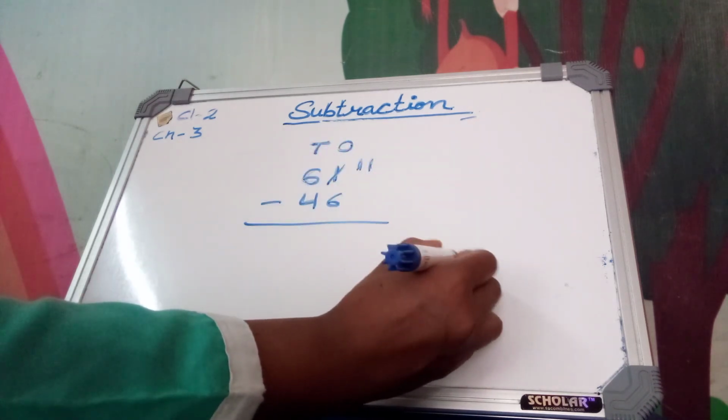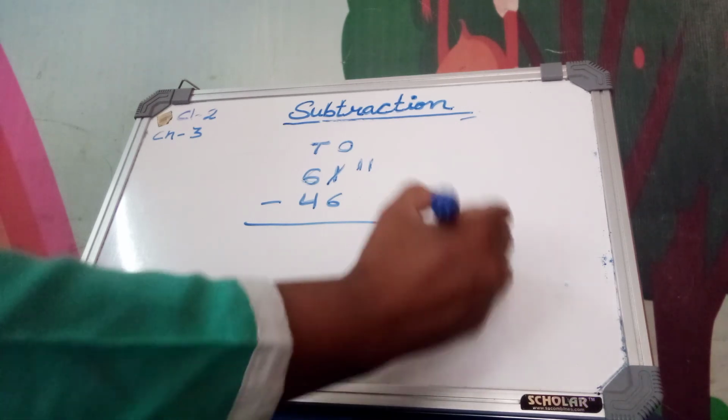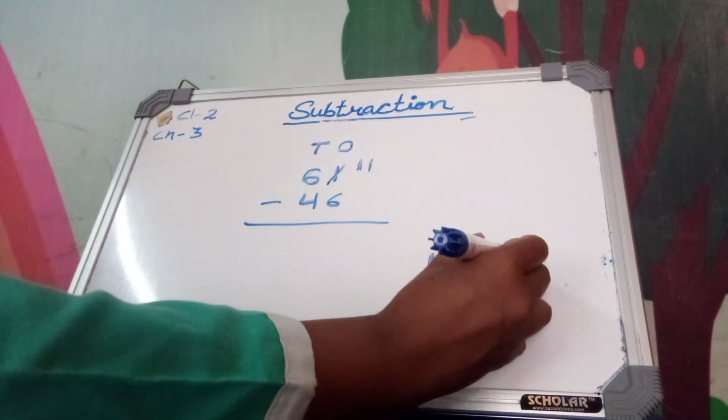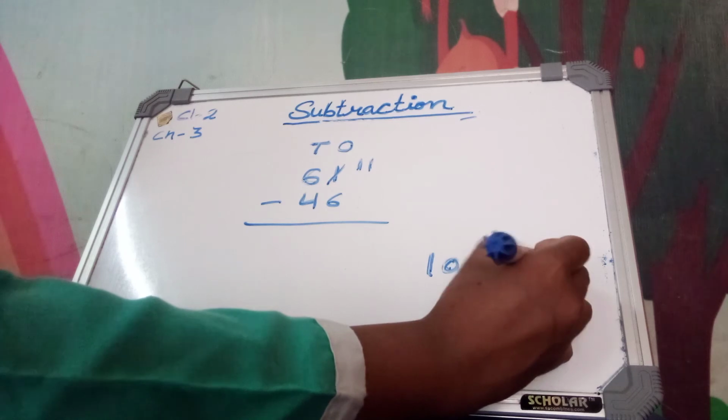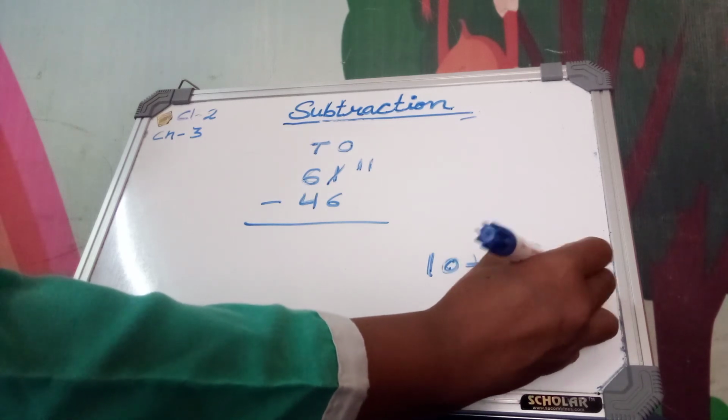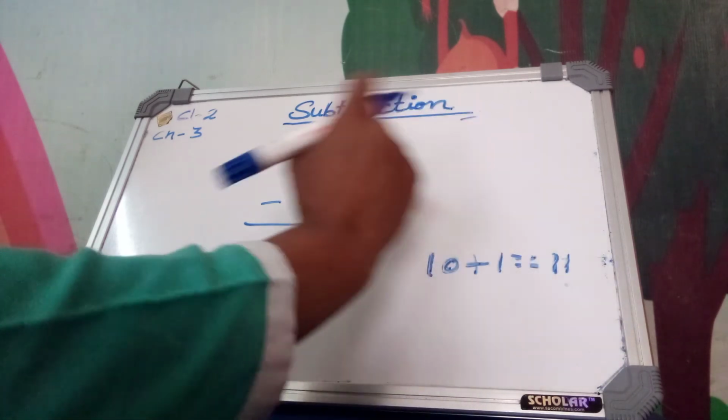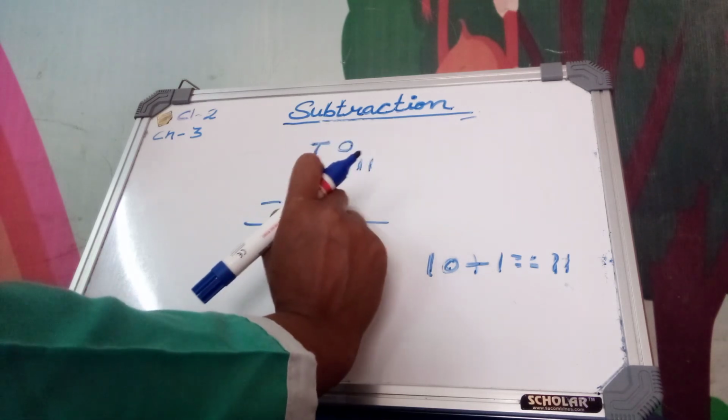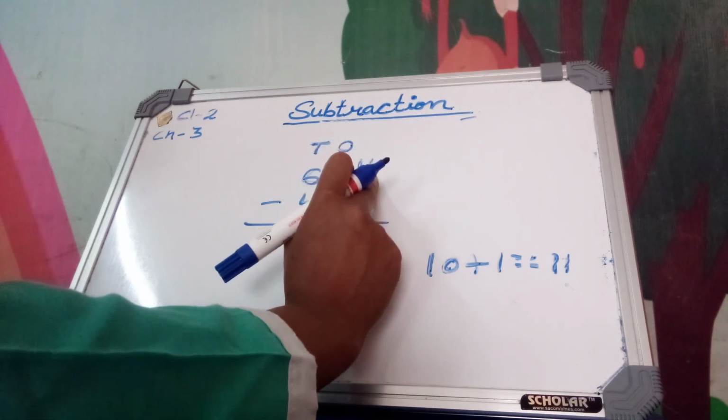Okay, this 1 tens and add this one also, equals 11. Now we have to subtract 6 from 11. What is the answer?